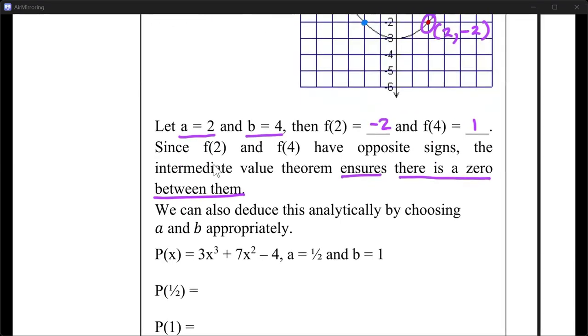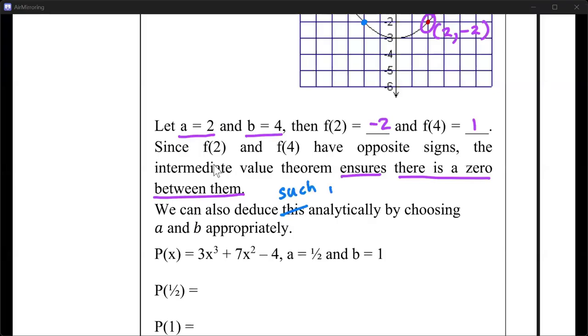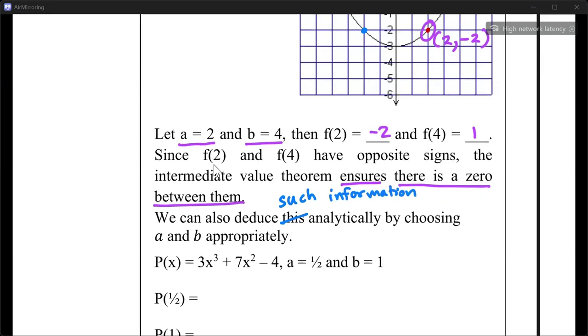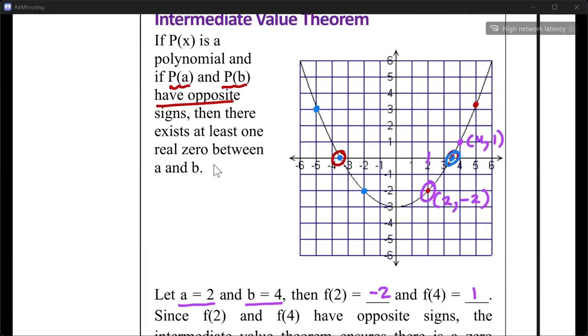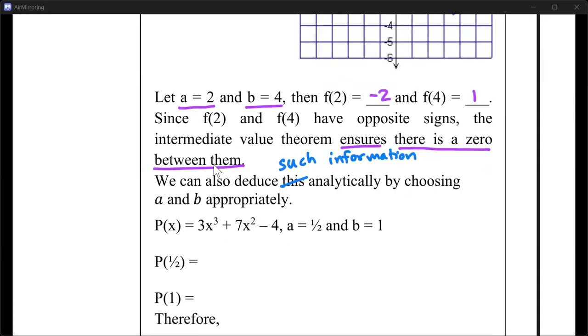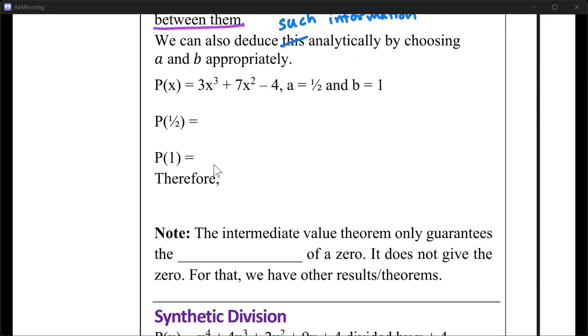We can also deduce this analytically by choosing A and B appropriately. Now, in this particular case, we had a graph and it was visually very easy to find a value where it is negative and a value where it is positive, right? But suppose you are given a polynomial and not a graph.